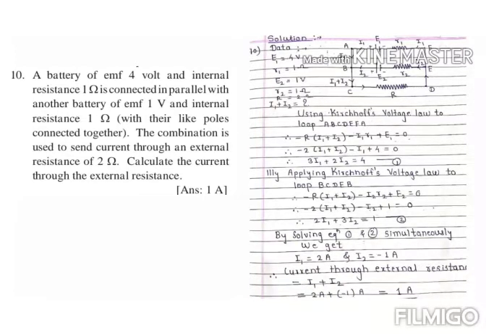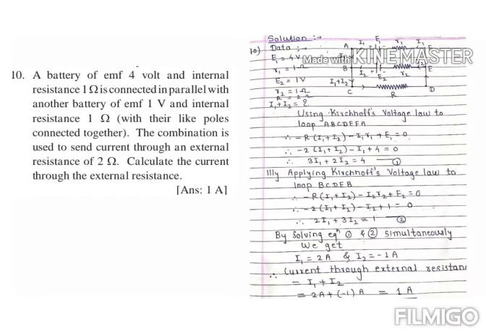This whole combination is connected to external resistance R. Therefore, we have to find the current, that is I1 plus I2 passing through external resistance.